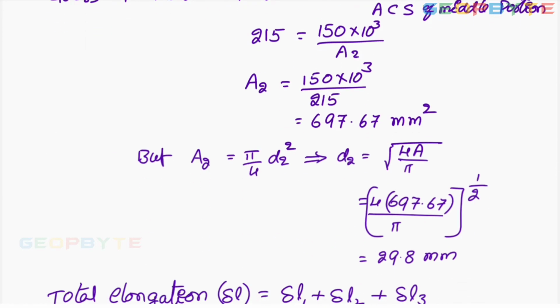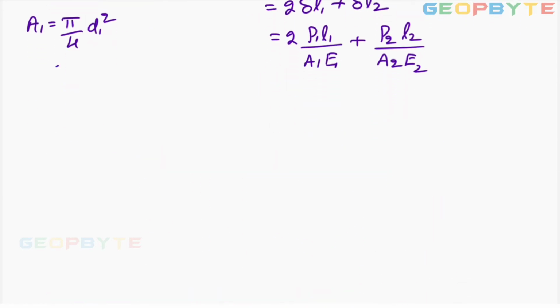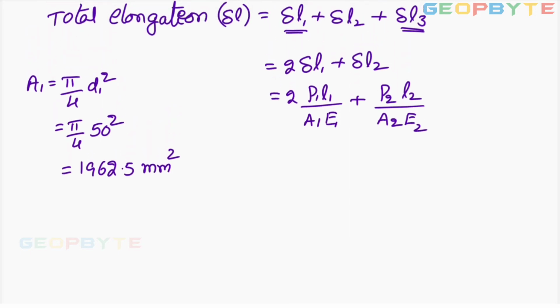So pi by 4 into 50 square. The value is 1962.5 millimeter square.